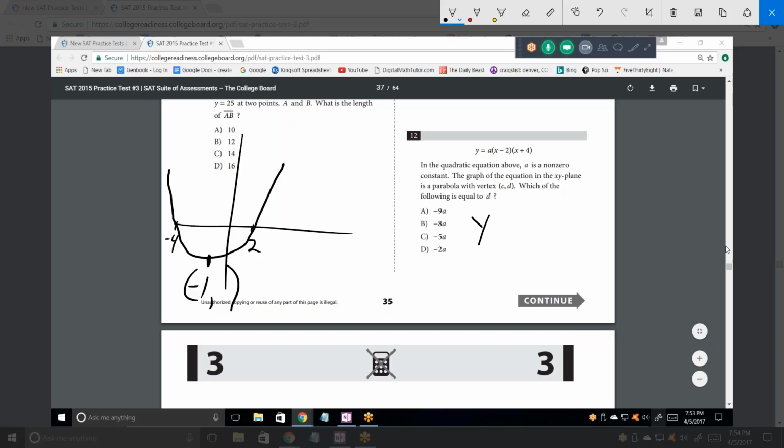So y equals A times -1 minus 2 times -1 plus 4. No, I thought I was on the right track, but I'm not.